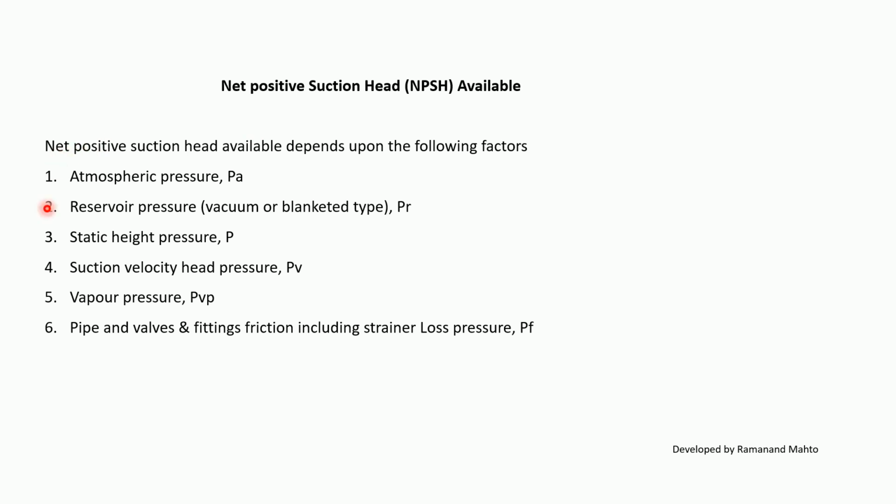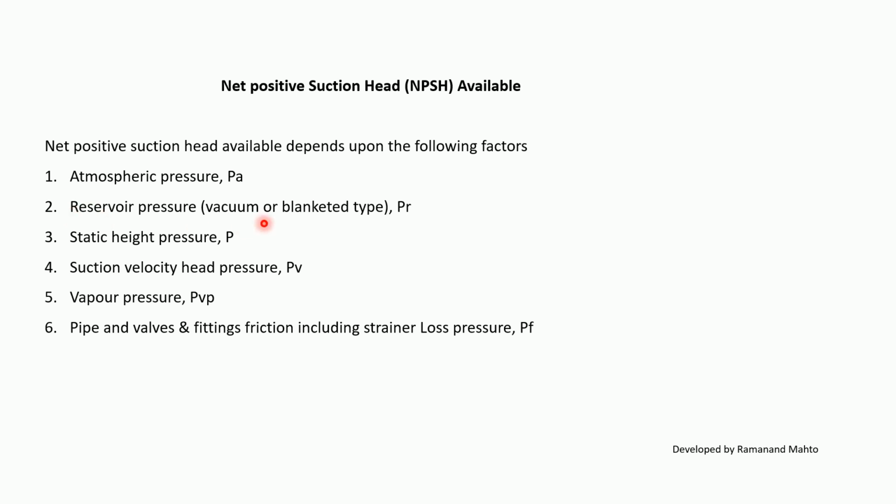Following are the points on which the net positive suction head depends. Point number 1 is atmospheric pressure, that is PA. This is called the main driving force to push the liquid into the pump suction. Point number 2 is reservoir pressure.